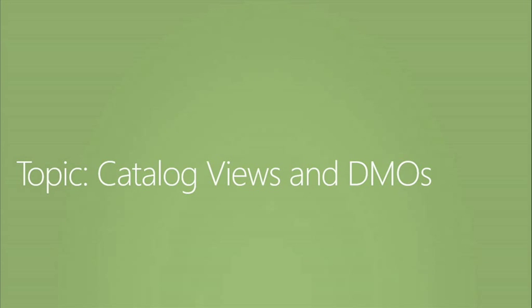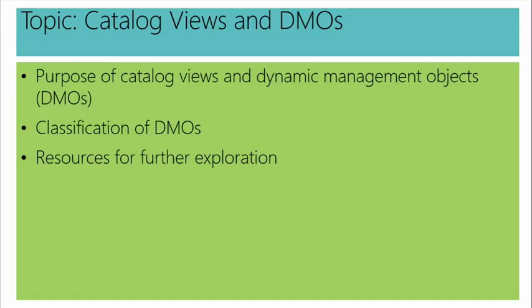There are things that are moving, changing all the time. So that's one point. Next point, there are all kinds of facts that I might want to get about my environment, and in increasing measure, there's a recommended way to get that information, and this information is retrieved via catalog views and dynamic management objects. So these are the things that we're going to take a look at in this next little subsection.